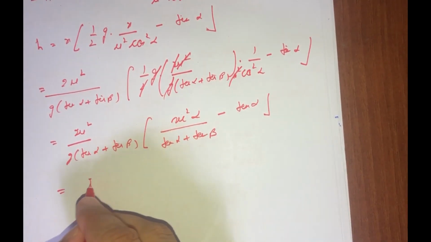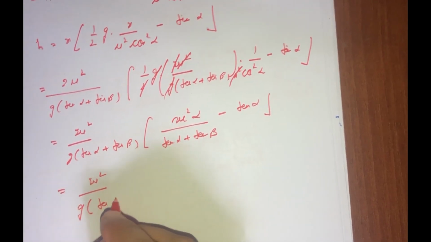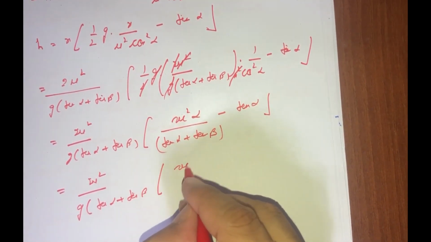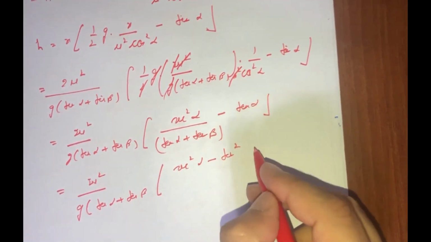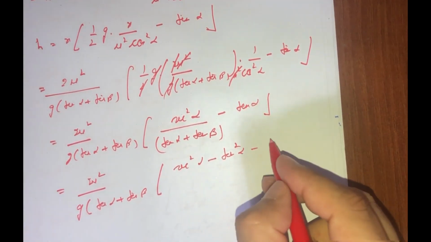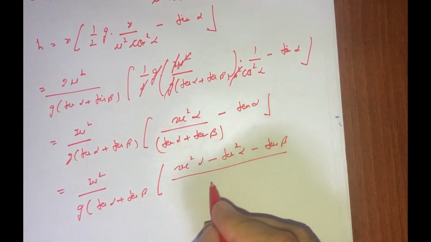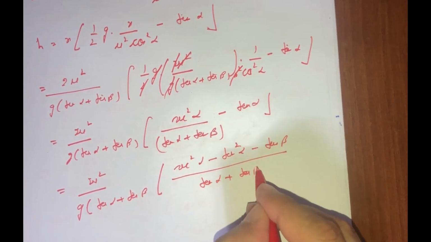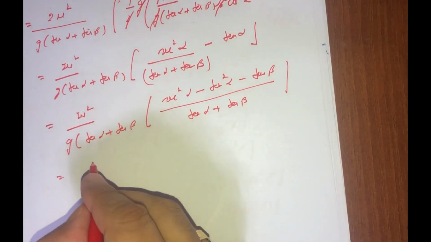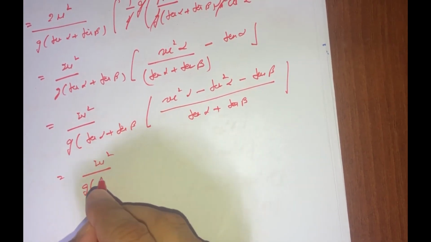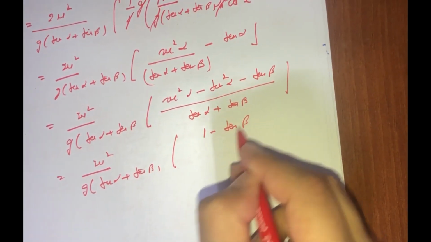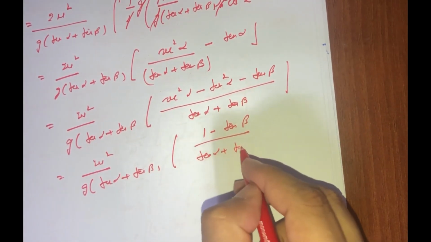This can be further solved by taking tan alpha plus tan beta as the LCM, so we get secant square alpha minus tan square alpha minus tan alpha tan beta, divided by tan alpha plus tan beta.